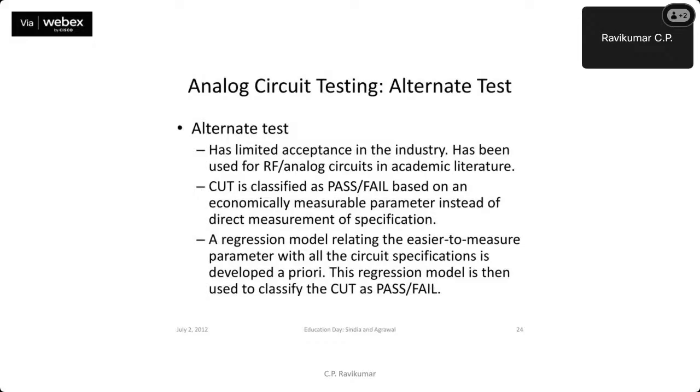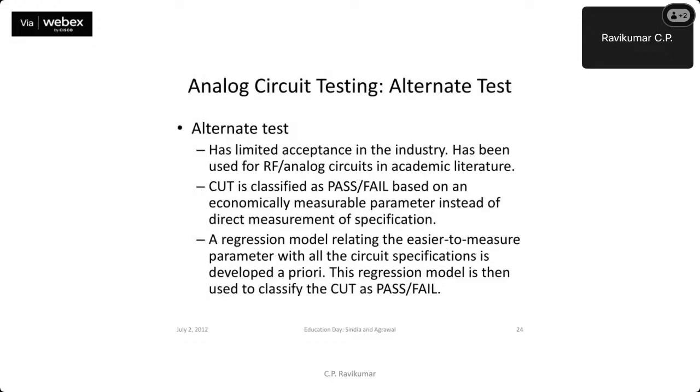So at the end, they also talk about this alternate test. Okay, alternate test is like using machine learning, right? I think somebody asked me the other day, is there any opportunity to use machine learning around? So in a way, they are doing that in this, I'm sorry, in analog testing, right?